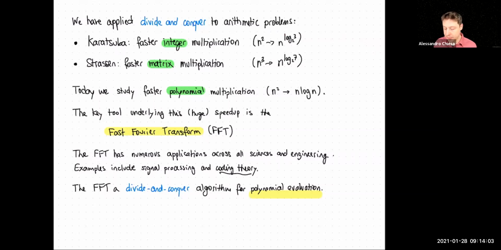That is not the case for the FFT, where the n log n that you get has a leading constant. It's something like 4. So it's a very small thing. It's a very useful algorithm. So that's the plan for today. We're going to learn how FFT can help us multiply fast and what it is.